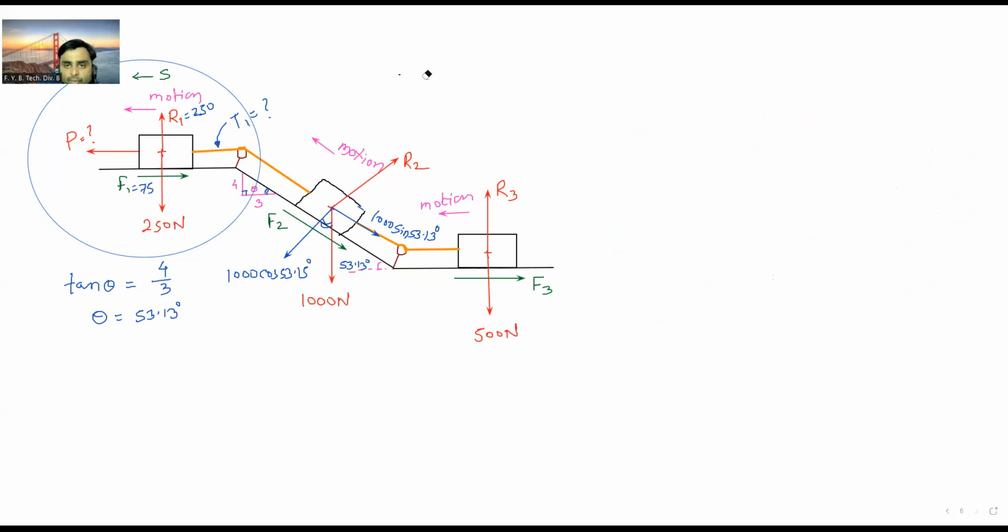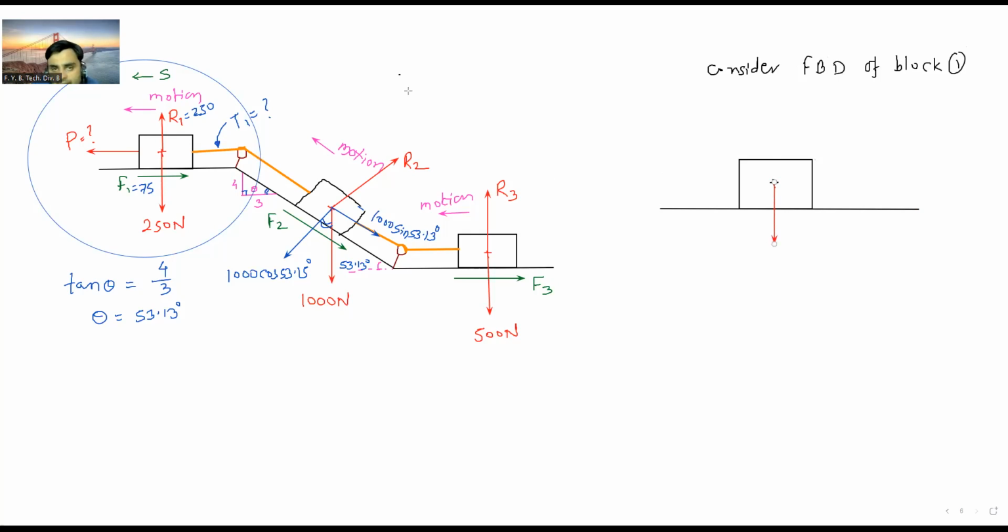Okay, now consider the free body diagram of block 1, this is the first block. Here it is the centroid. The weight is acting, 250 Newton.